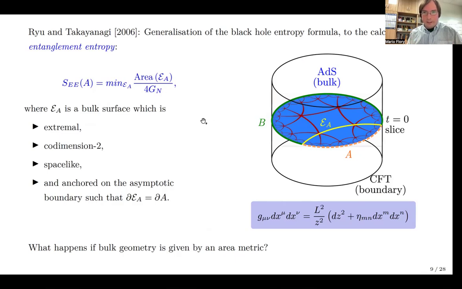So here again, the concept of area seems to be much more important than the concept of length. And thus it becomes very, very crucial and interesting for us to understand what happens if the bulk geometry is just given by an area metric, not a regular metric. Clearly, this equation can still be defined, but what are the consequences of that?